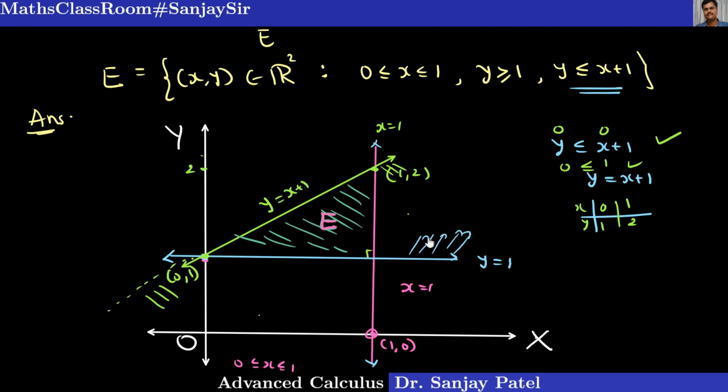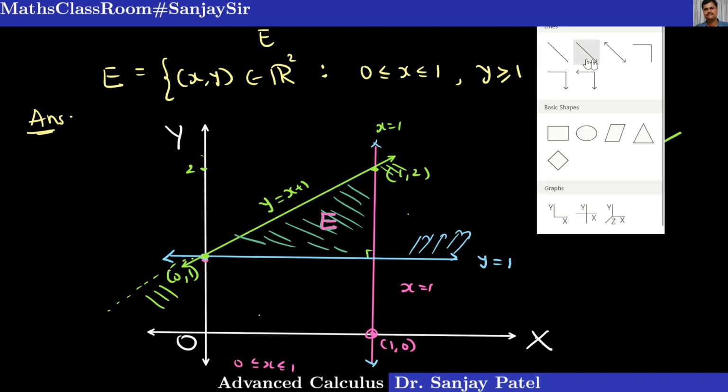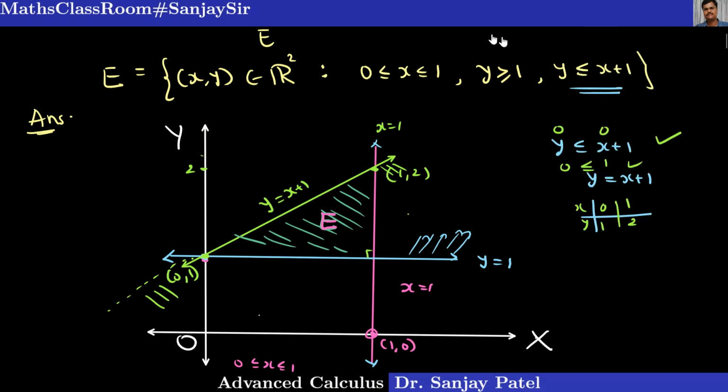Okay, now we want to integrate the given function, which is x square minus y square, over this region E. Let us decide to integrate with respect to y first. Generally, as far as there is no problem, we try to integrate with respect to y first. So we take an arbitrary strip parallel to the y-axis, or vertical strip, in the region of integration.